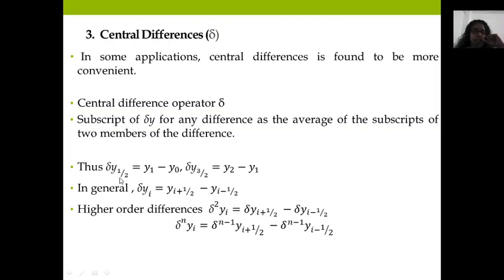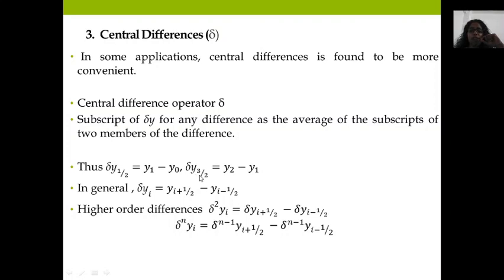The subscript of δy, the central difference of any function, is the average of the subscripts of the two members of the difference. For example, y1 minus y0: the subscripts 1 and 0 average to 1 plus 0 divided by 2, which is half. So the subscript remains as δy half. Got the point? So y2 minus y1: what will be the subscript? δy 3 by 2, since 2 plus 1 is 3, divided by 2.